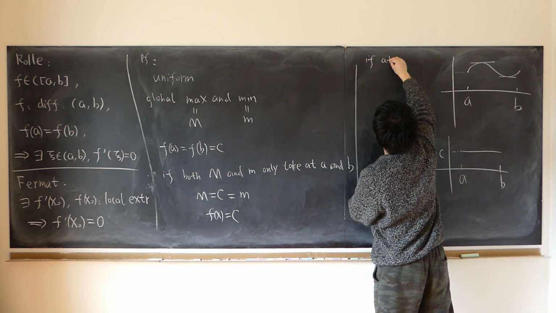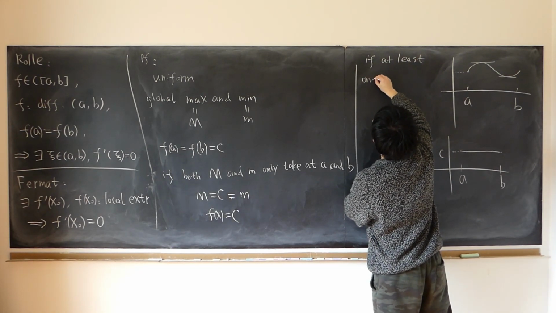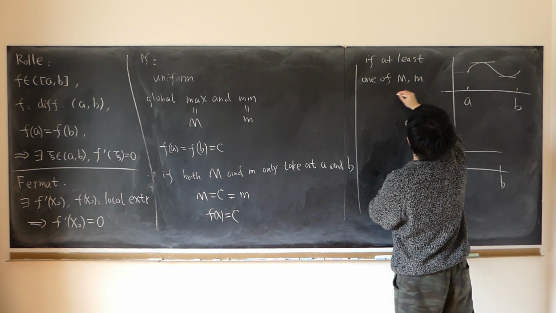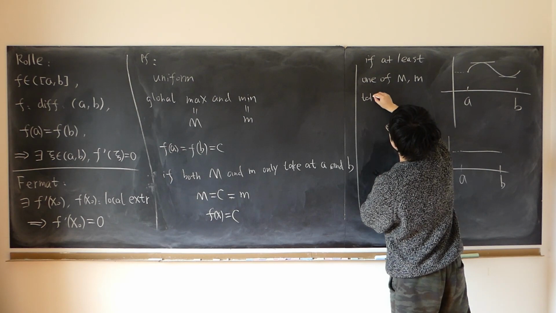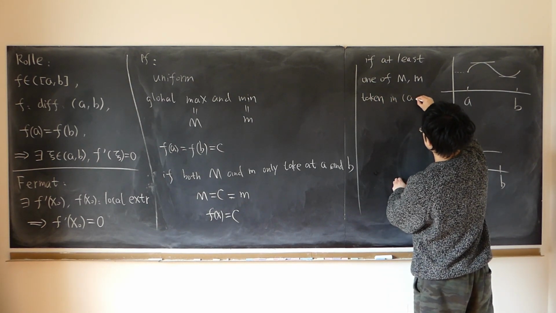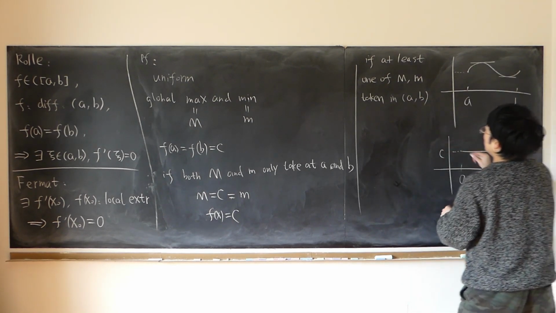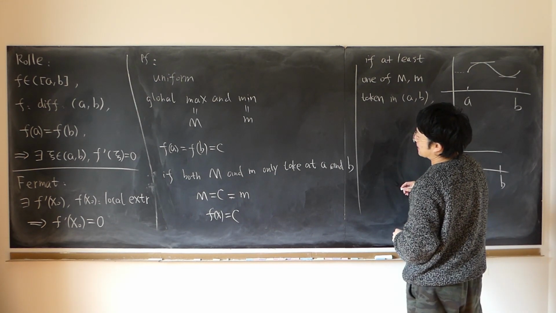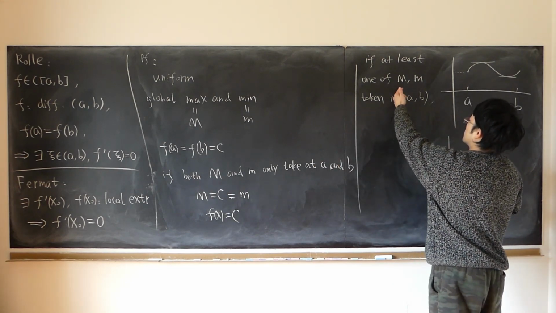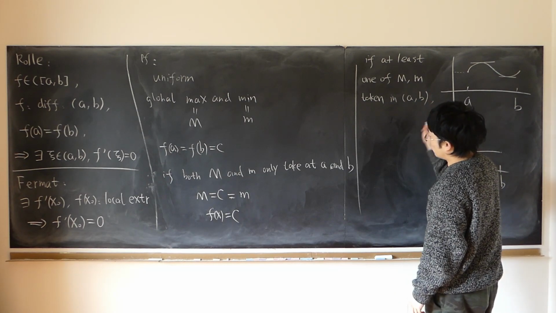Now, in the case where at least one of the global maximum and global minimum is taken in the open interval, excluding both edges, what will happen? Like I said, for example, the global minimum indicates a local minimum.